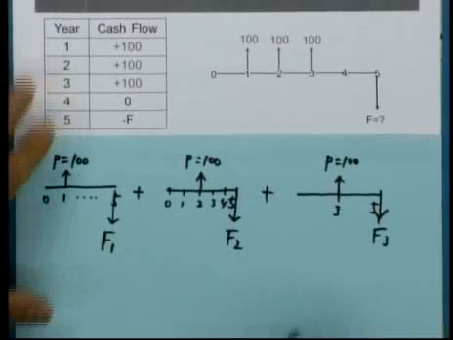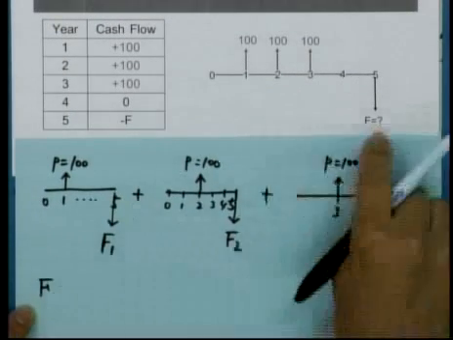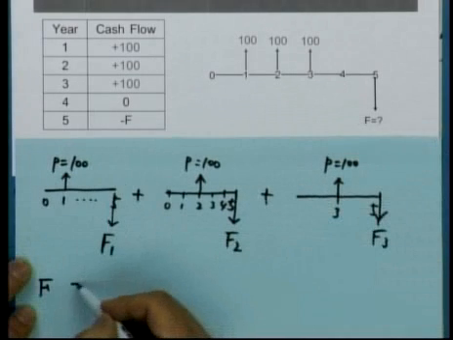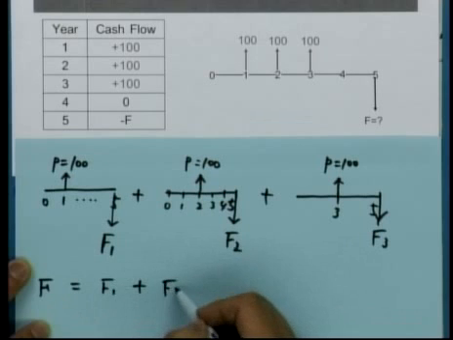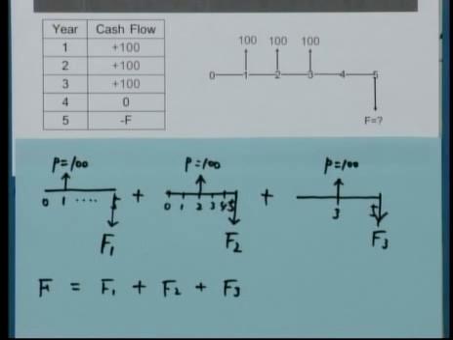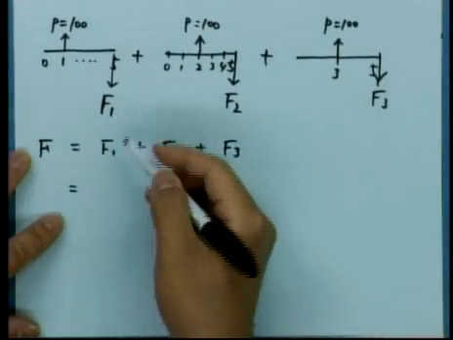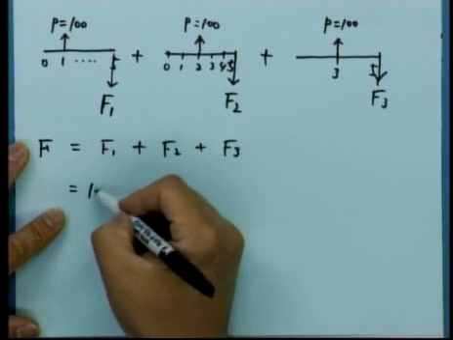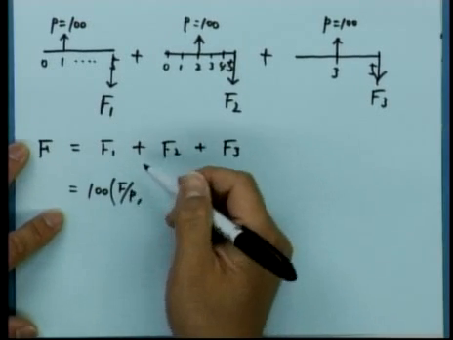So the original future value F is equal to F sub 1 plus F sub 2 plus F sub 3. Okay? So how would you get F1? That is going to be 100 times F given P, right?